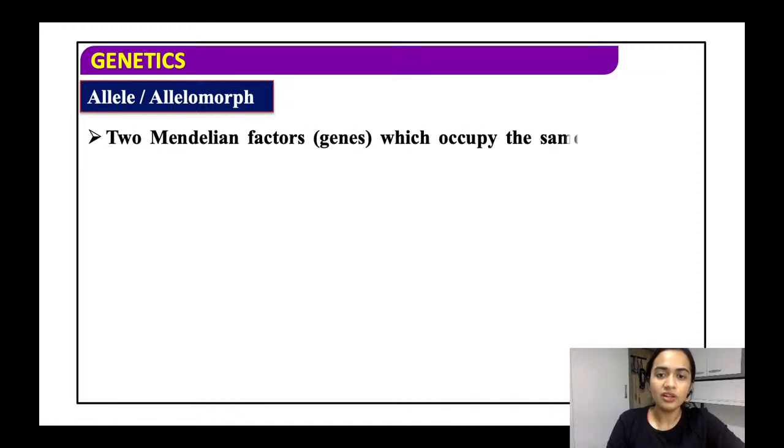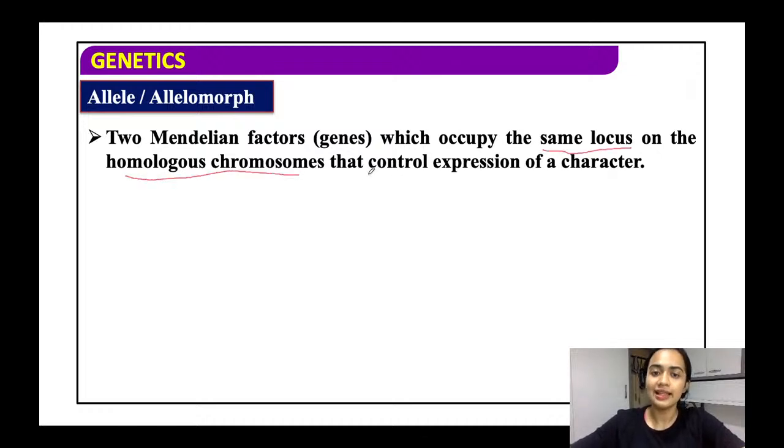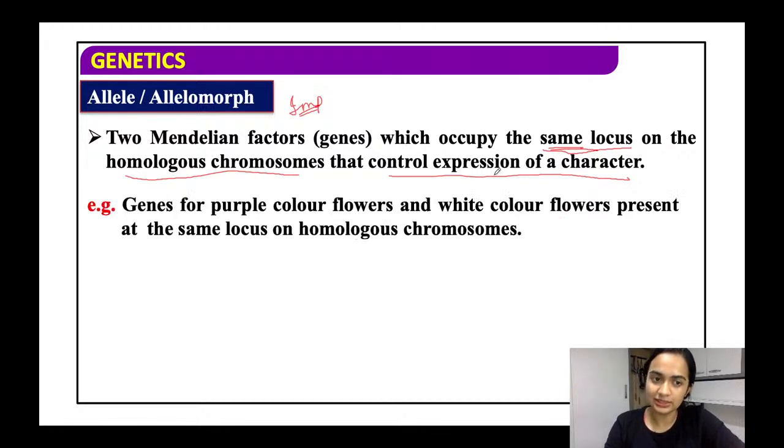Now allele or allelomorph, again coming to this point. Two Mendelian factors which occupy the same locus on a homologous chromosome and that control the expression of the character. Very important line. Many questions are asked with this. Again, I'll read it for you. Two Mendelian factors or genes which occupy the same locus on the homologous chromosome and control the expression of the character.